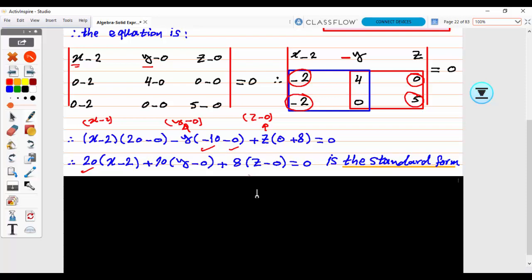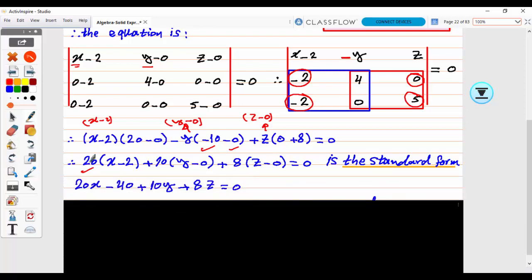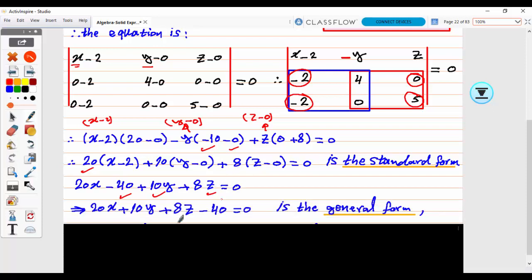From this we expand this form, multiplying 20 multiplied by x equals 20x, 20 multiplied by negative 2 equals negative 40, plus 10y plus 8z, and we arrange it in this form. So we have 20x plus 10y plus 8z minus 40, and this is the general form.